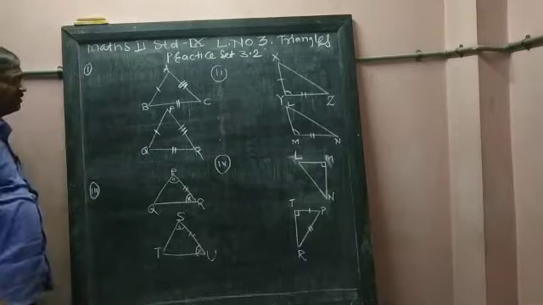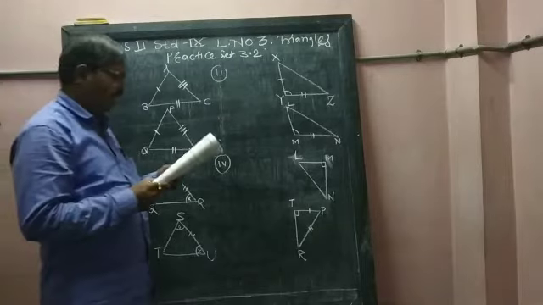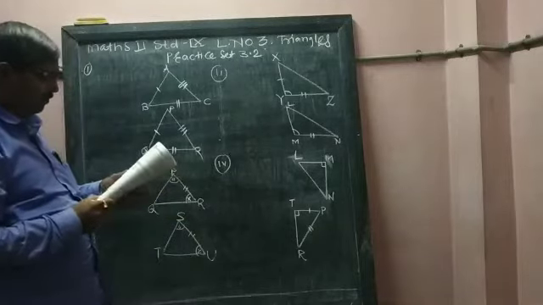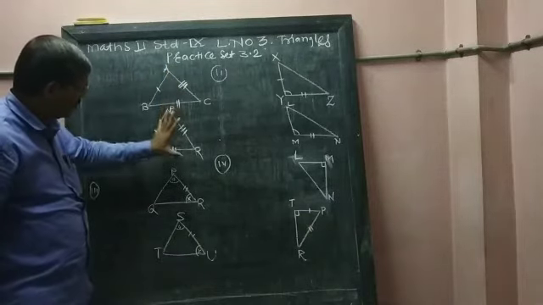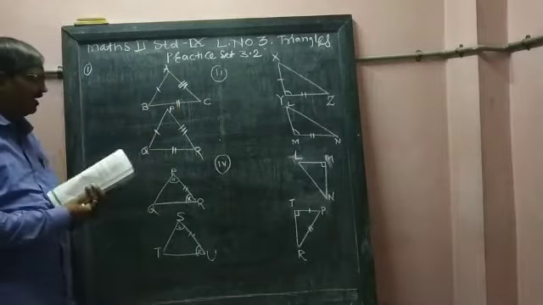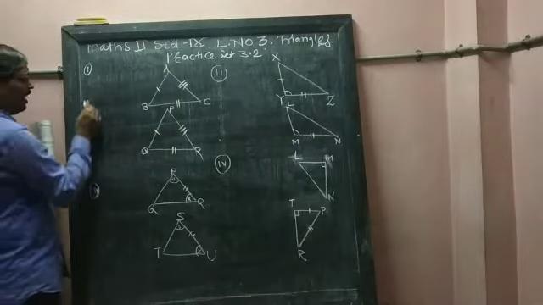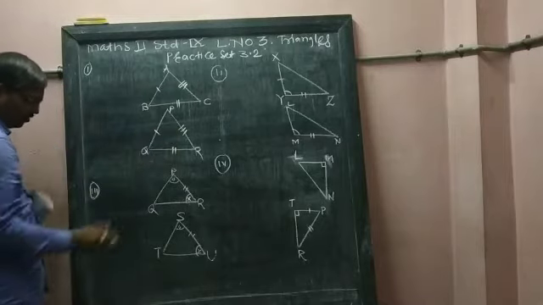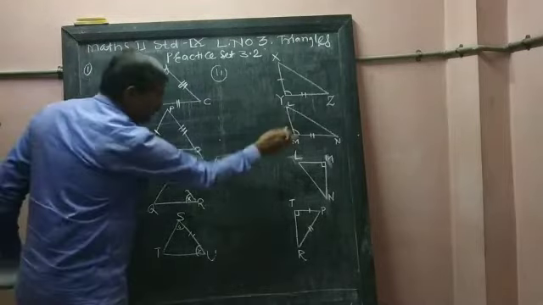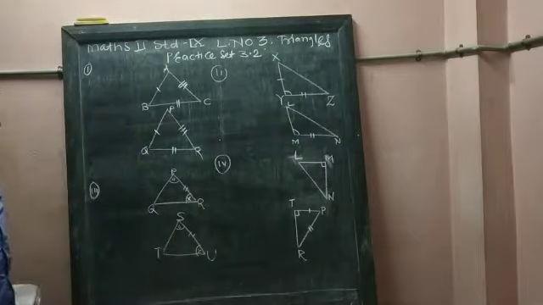In each example given below, identical marks are given. For example, AC is congruent to the corresponding side. Directly I will solve it. We have to identify the test by which these two triangles are congruent, in questions 1, 2, 3 and 4.